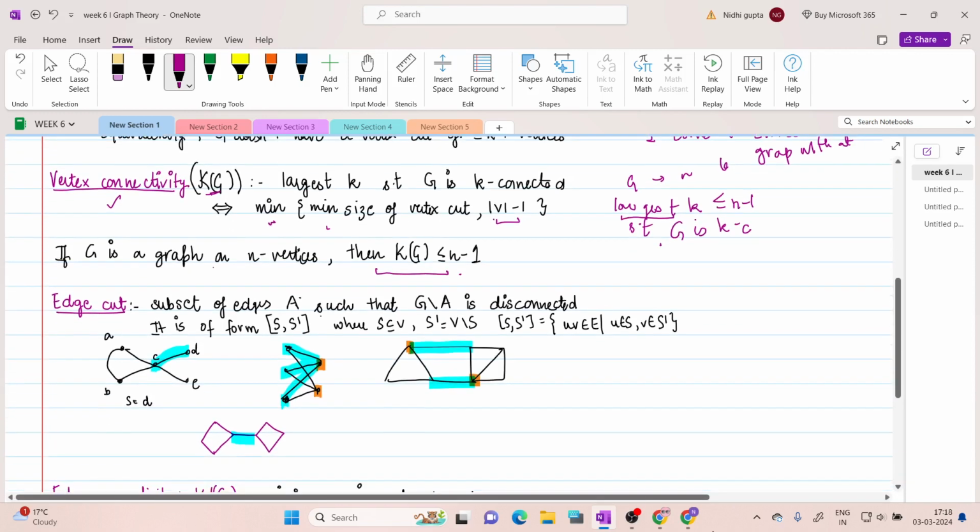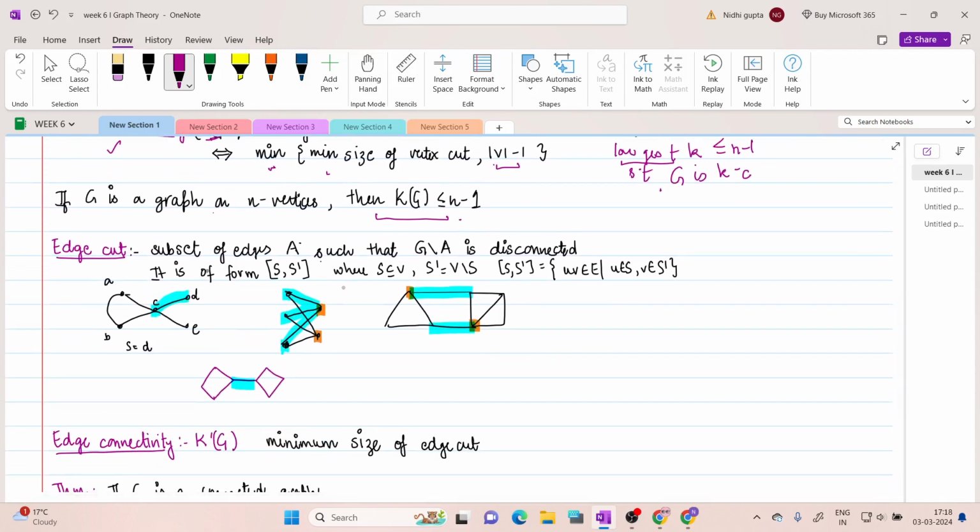Now we have this concept of vertex cut, which we just discussed. It is a subset of vertices whose removal makes the graph disconnected. Similarly, we can define an edge cut.